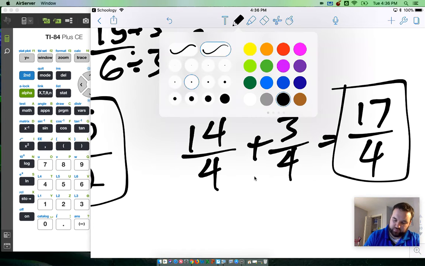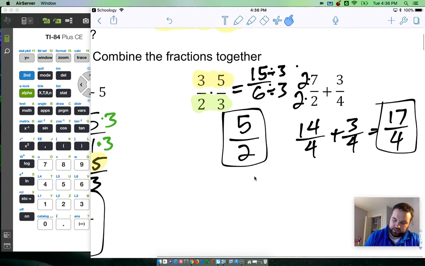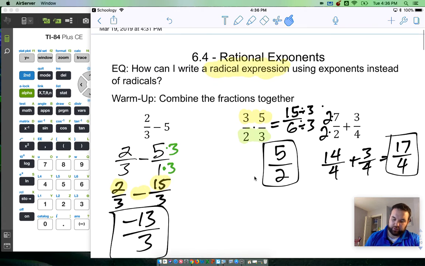Not too much of what we do will be based on this. We'll just be combining fractions, but that's part of what we're going to do today.